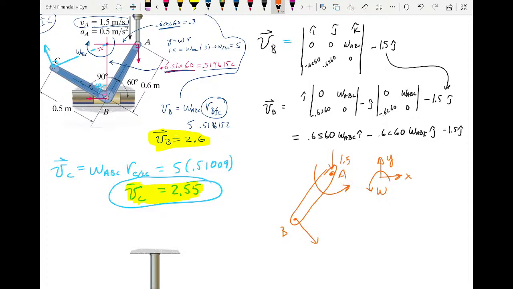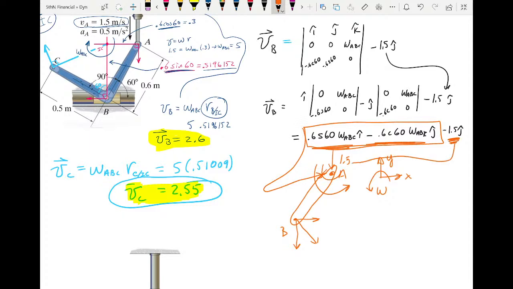Then I'm going to get a velocity this direction, which will have a positive value in the X and negative value in the Y. So this term is as if you were basically pinning point A. Yes, point A is moving, but these two terms in the box are as if point A is pinned and rotating in this direction.